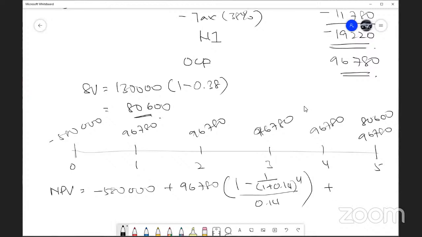And the last one will be 80,600 plus 96,780, so 177,380. Okay, 177,380 divided by 1.14 power of 5. Then you give your answer.